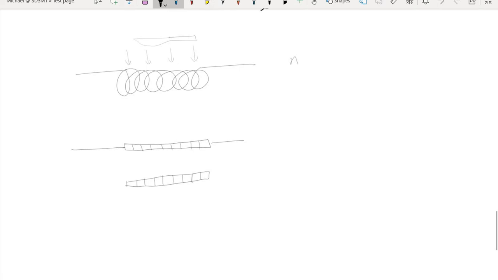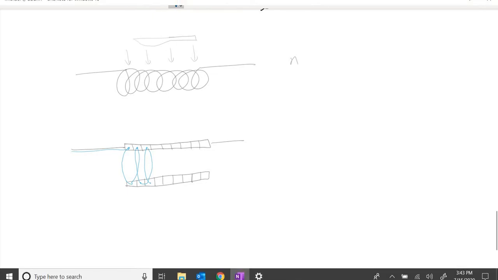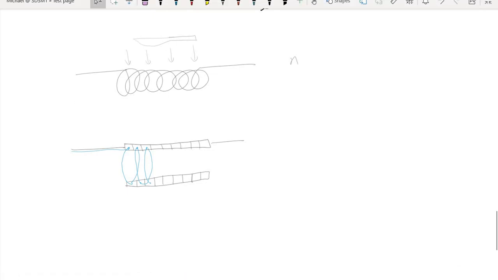So we can kind of imagine that the coil starts right up here and then wraps around to the bottom and then comes back up to the next and then wraps around to the bottom and then comes up to the next and then wraps around to the bottom. And so every time the coil either goes into the page or out of the page, that is the cross section that we're looking at.